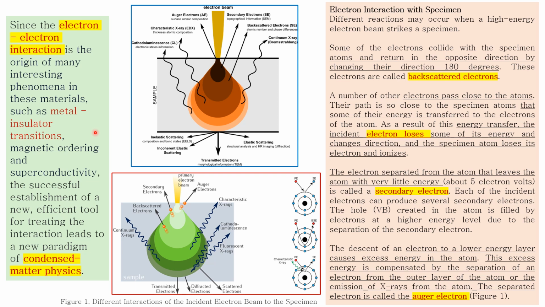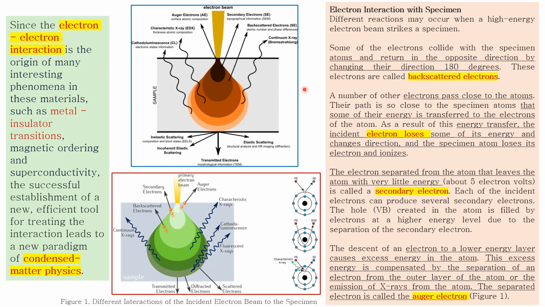The successful establishment of a new and efficient tool for treating the interactions leads to a new paradigm of condensed matter physics. So the electron-electron interaction is related to materials like metal-insulator transitions, and we are going to deal with the new trends in condensed matter physics.